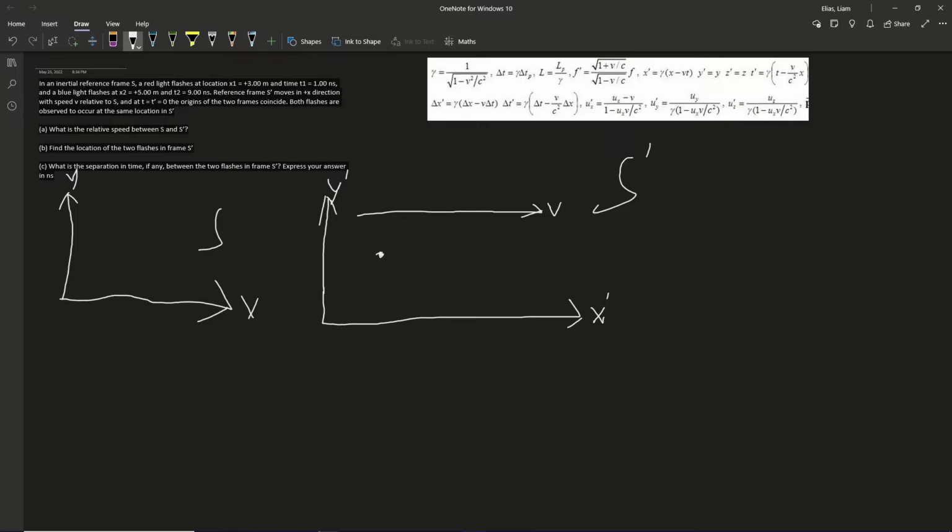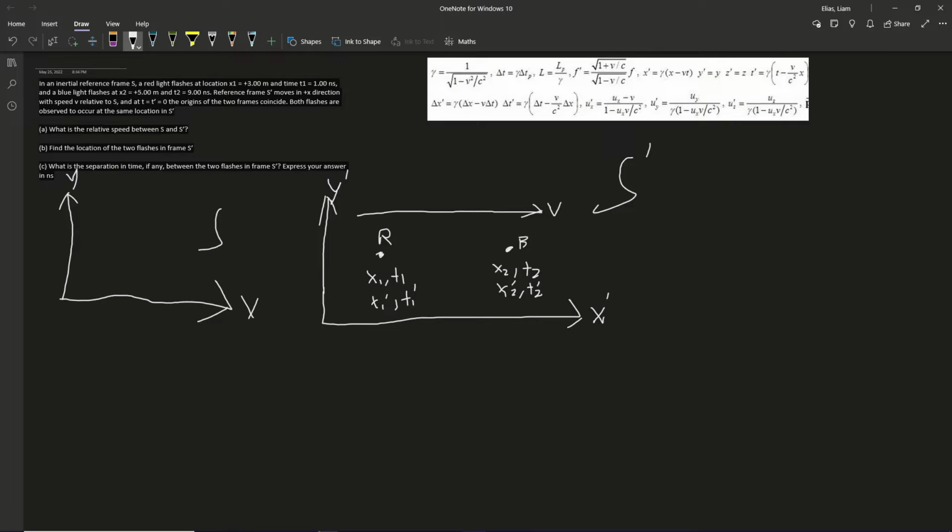Event 1 is a red light, R for red, and it happens at x1, t1 in frame S, and at x1 prime and t1 prime in frame S prime. Then another event happens, a blue light. In frame S it happens at location x2 and time t2, and in S prime at location x2 prime and time t2 prime.